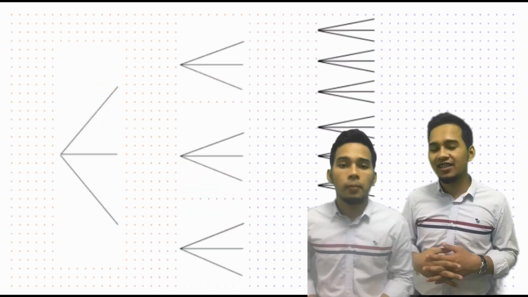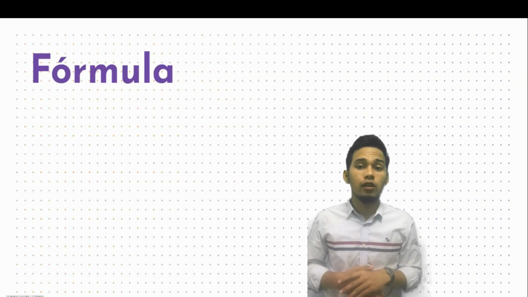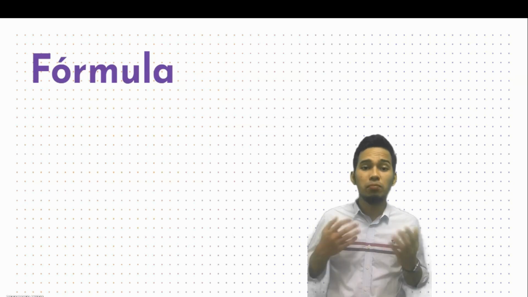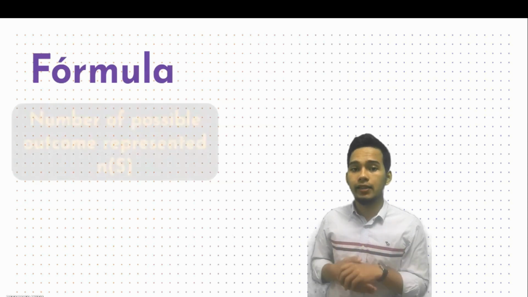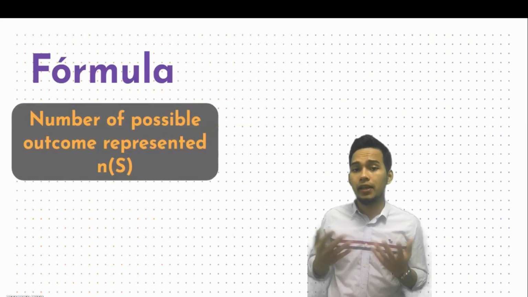What do we need to use now? Yes, we need to plan the strategy. Before that, we need to know the formula that is suitable to answer the question. The number of possible outcomes is represented by n(S), and the number of an event is represented by n(A).